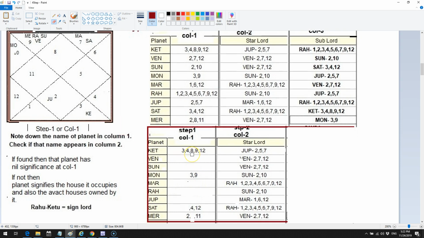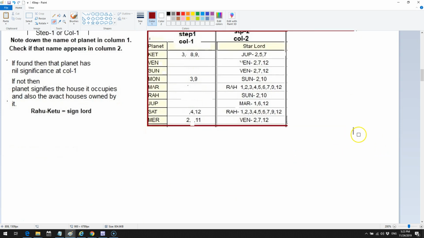The 8th house we will keep, and then since Ketu represents Moon, we are going to look at what Moon will be doing in this cusp chart. Moon is in 3rd, and Moon is the owner of the 9th house, which is vacant. So 8, 9 and the 3rd. So we are going to remove these two, and we are just going to retain 3, 8, 9.